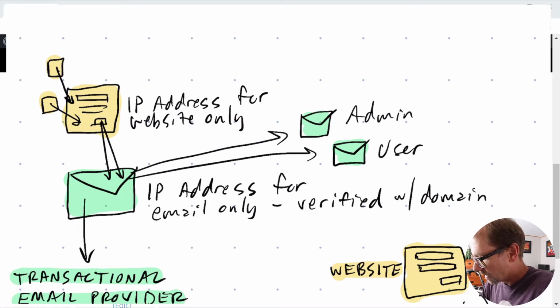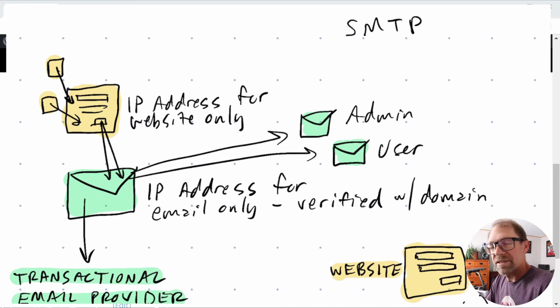Now, SMTP, you'll see that acronym when you're talking about setting up email systems for your websites. It stands for Simple Mail Transfer Protocol. So it's just what we use for outgoing.